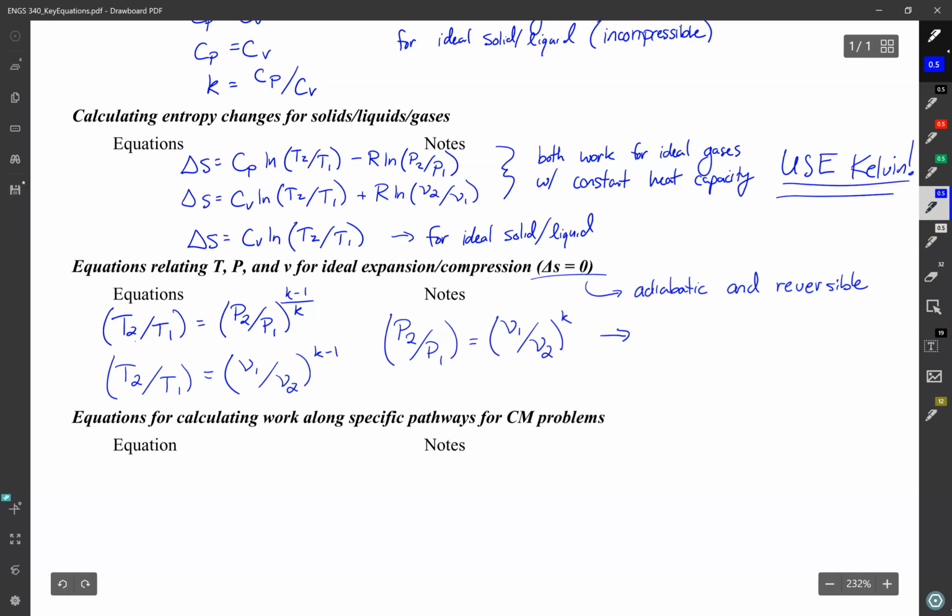Right, this last one means that V to the K is constant.